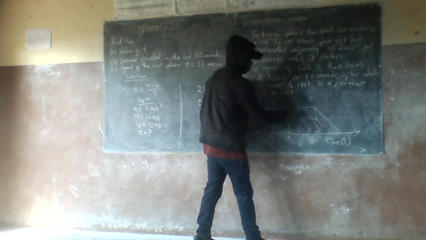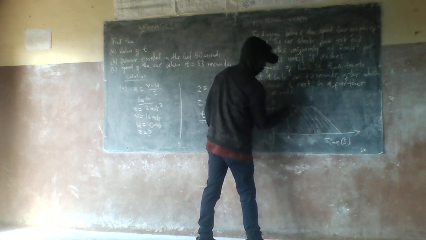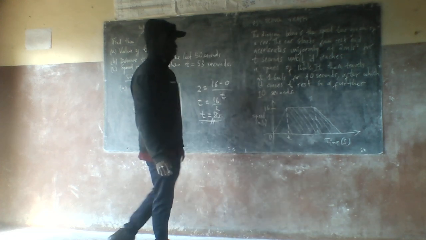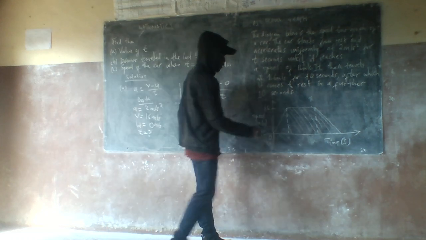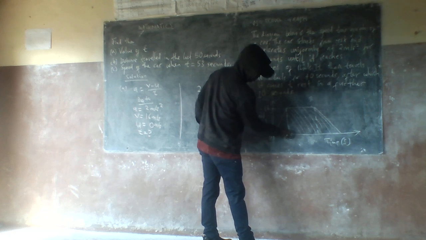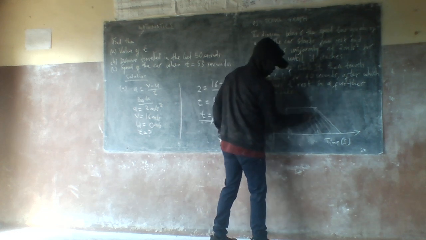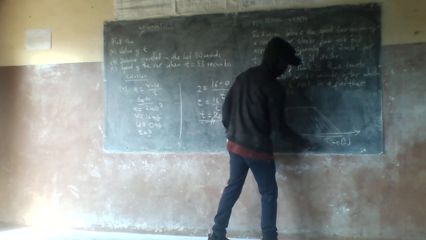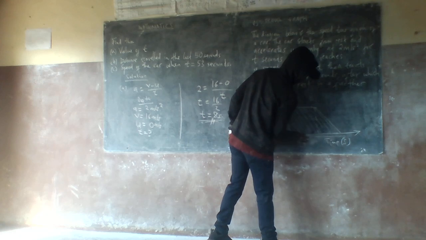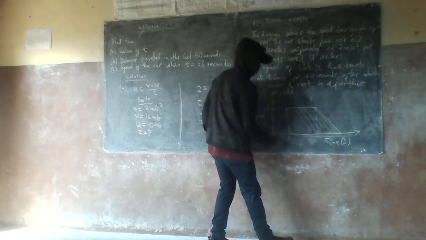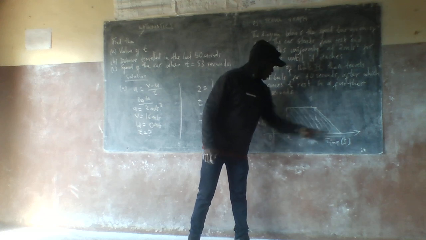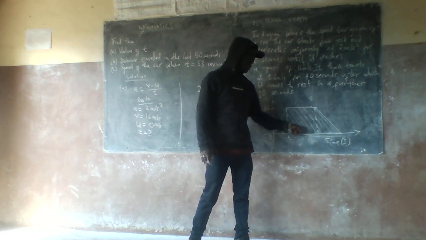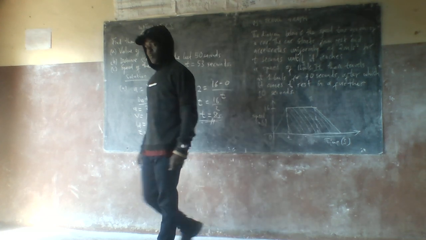The shaded part is a trapezium, whereby it has got the height, the short side, and the long side. So we have got the short side, long side, and the height. In that case, we have got a trapezium.